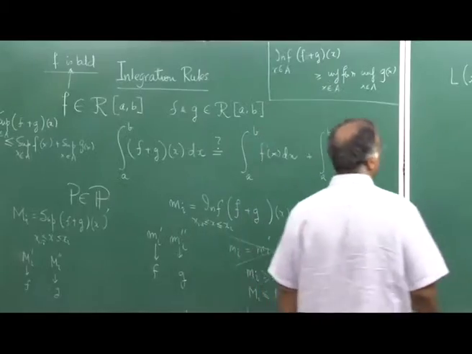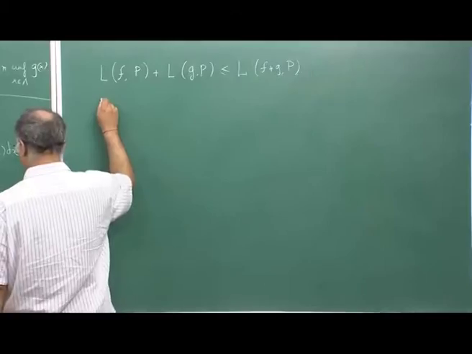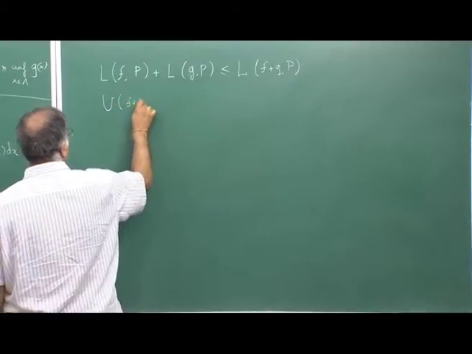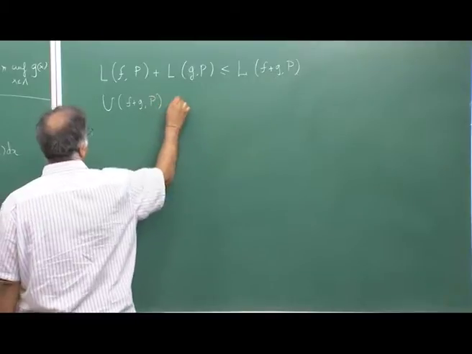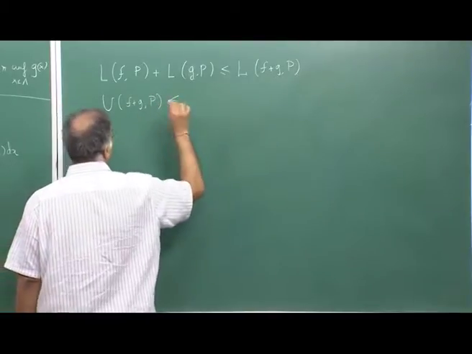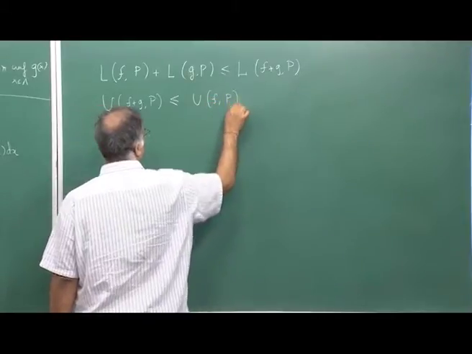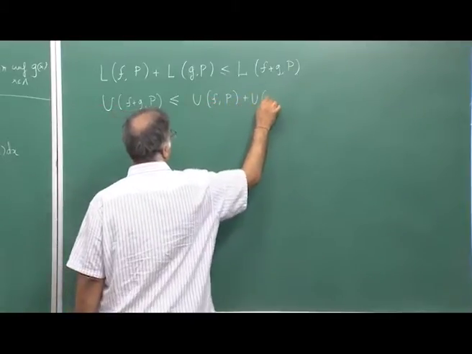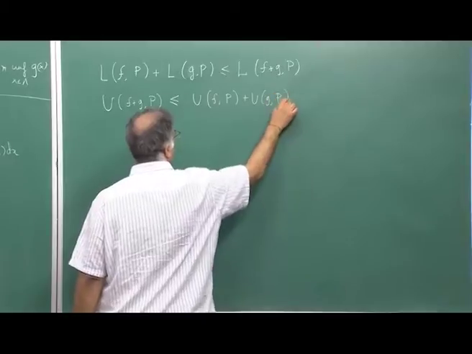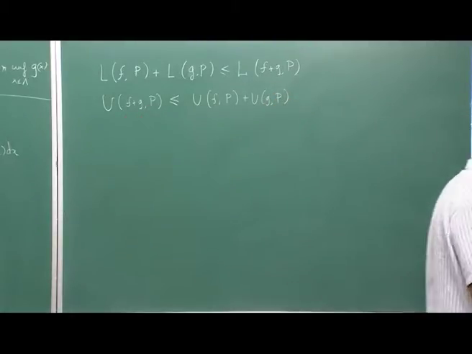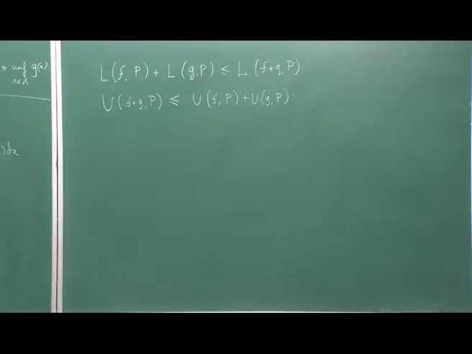For the upper case you will prove that U(f+g,P) for any given partition P is less than or equal to U(f,P) plus U(g,P). This is a key idea, because without this you can't do much, right.